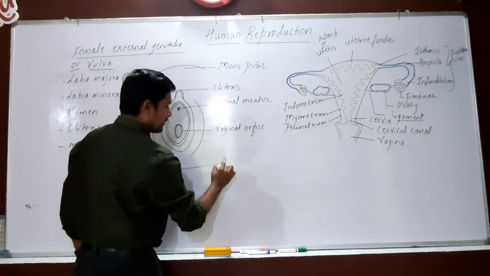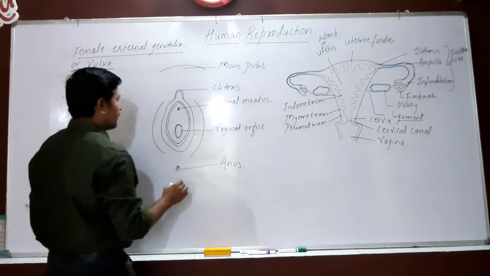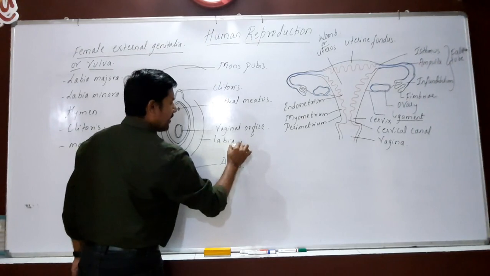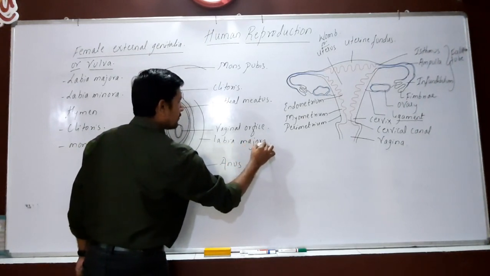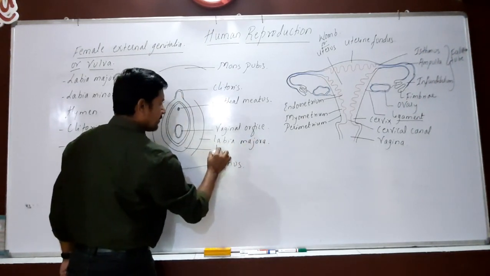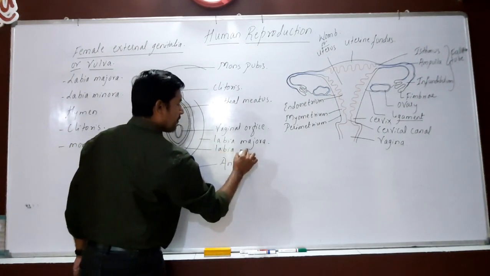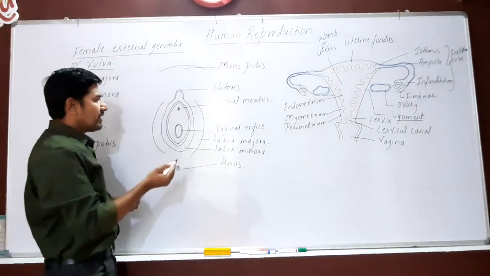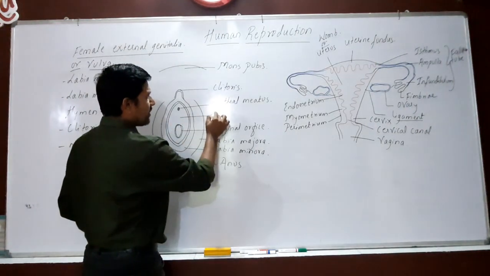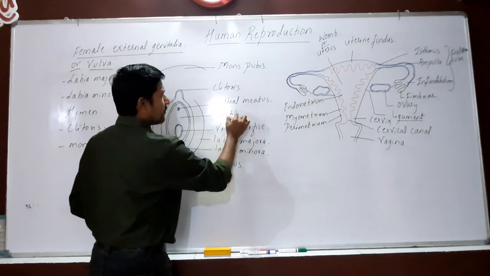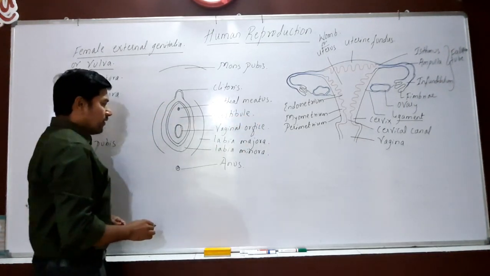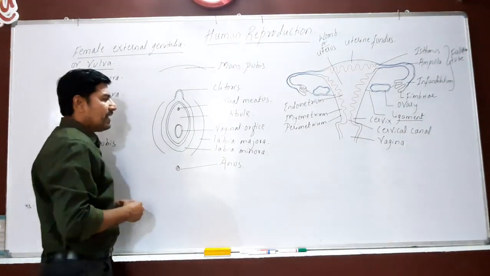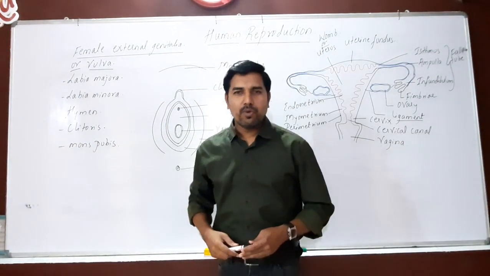This is the anus. Then this outer part is the labia majora. Inner part is the labia minora. Along with that, a structure in between these two is also called the vestibule. Okay, now this is regarding the female external genitalia, which is also called the vulva.